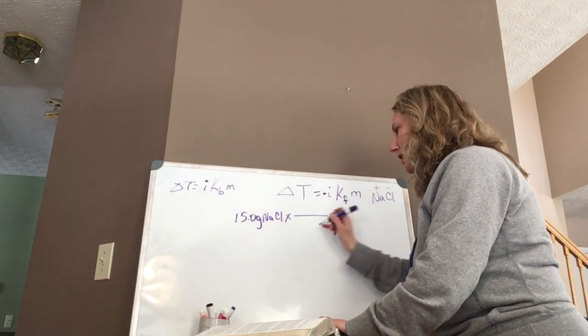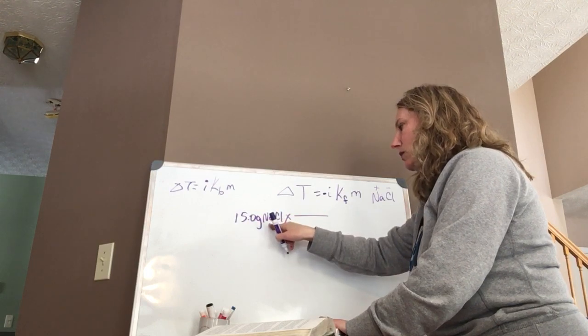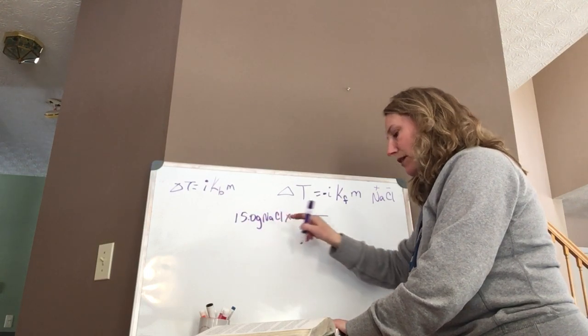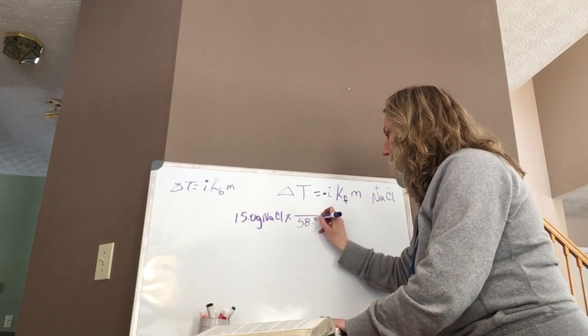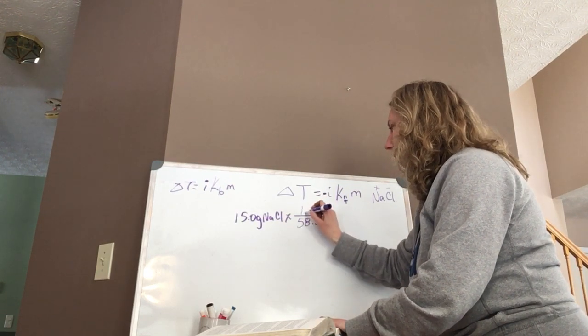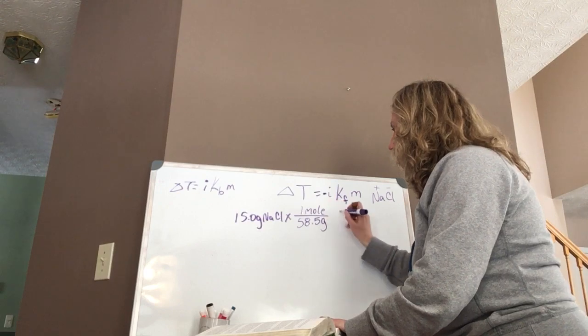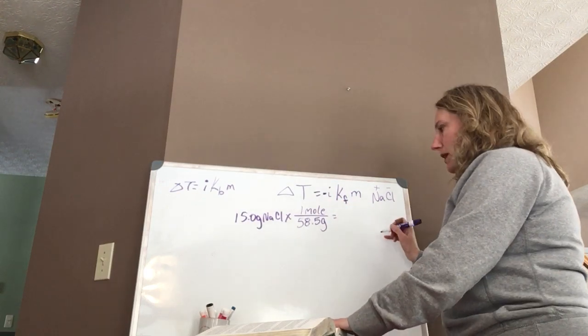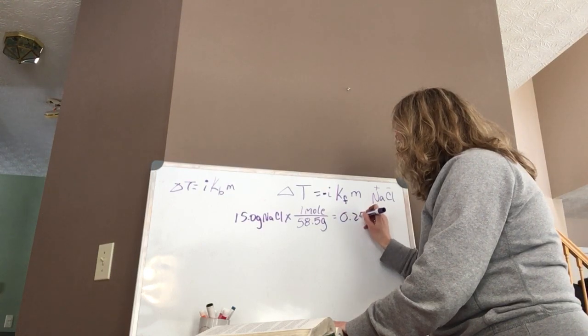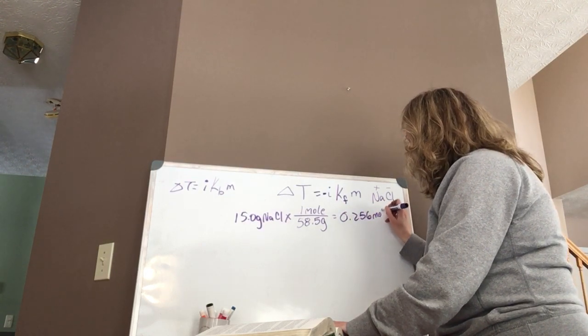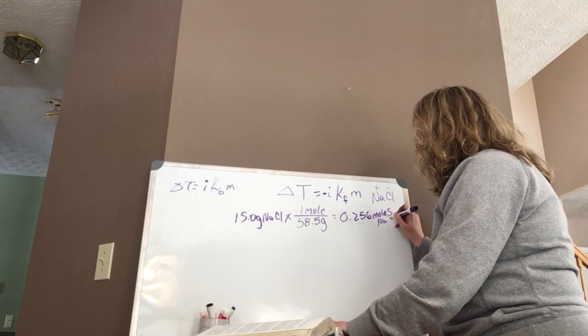So how do we do that? We look at the periodic table, look up sodium, look up chlorine, and we figure out that that together weighs 58.5 grams in 1 mole. So that means we have 15 divided by 58.5 is 0.256 moles of sodium chloride.